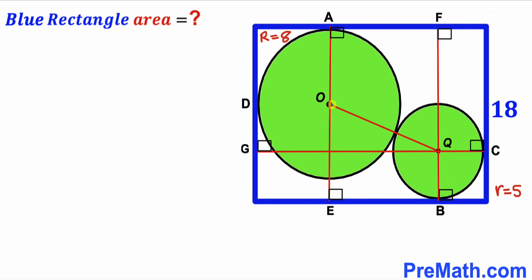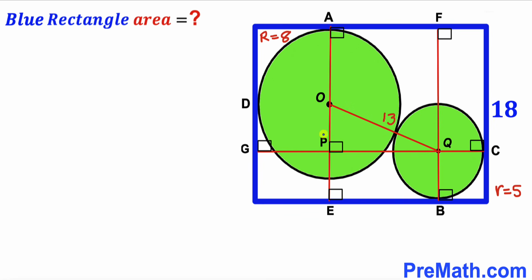Now let's make an observation. We can see that this distance is the radius uppercase R, its value is 8. And likewise this lowercase r radius is 5. If we add these two, this OQ length is going to be 13 units.